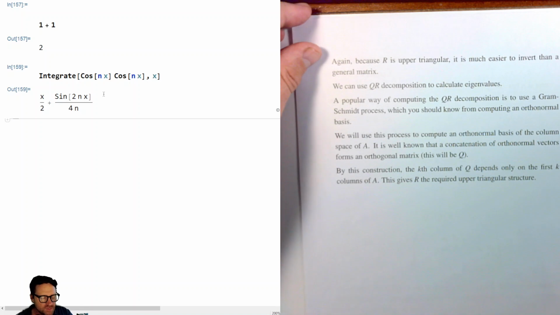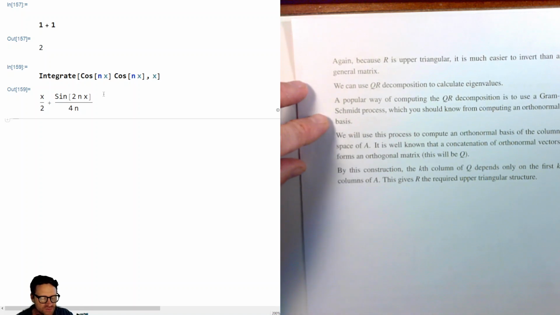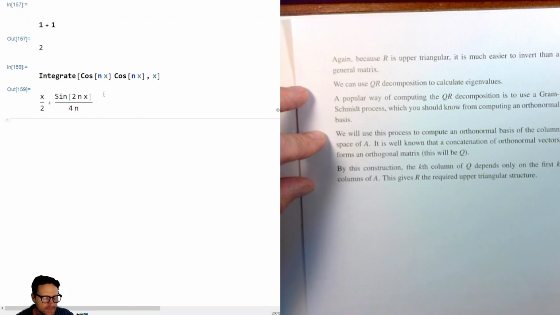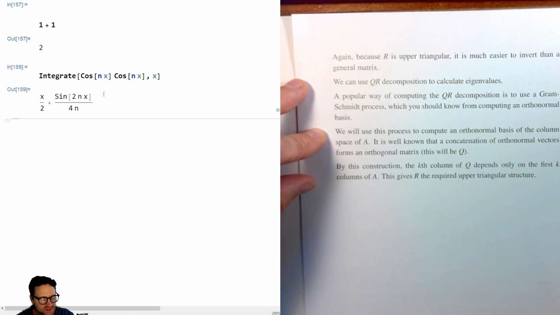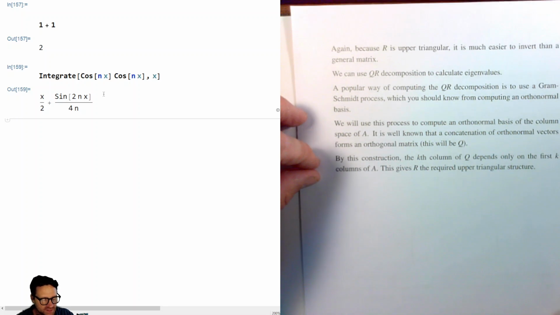A popular way of computing the QR decomposition is to use the Gram-Schmidt process, which you should know from computing an orthonormal basis. Well, we haven't done that. I'm about to show you how this works. So we'll use the process to compute an orthonormal basis of the column space of A, and it's well known that a concatenation of orthonormal vectors forms an orthogonal matrix.